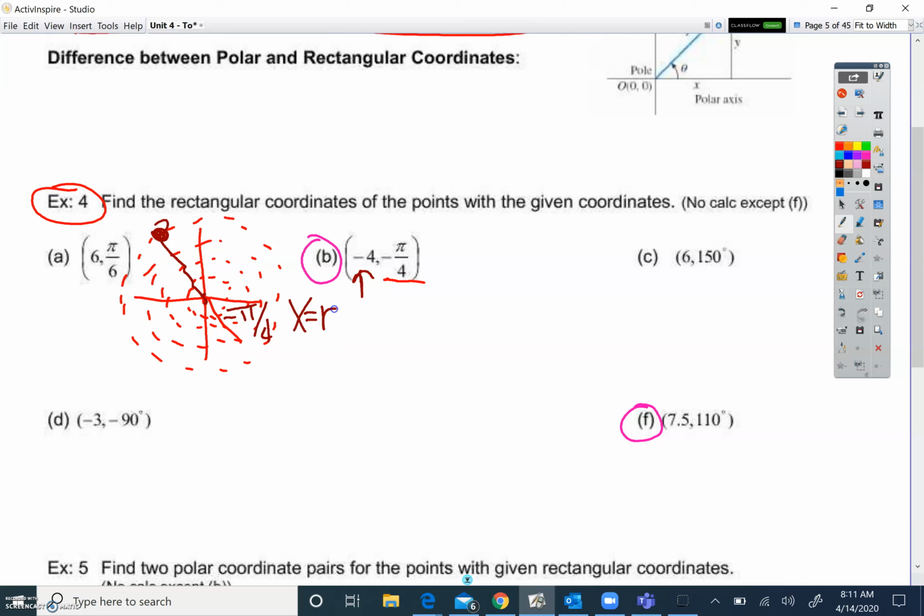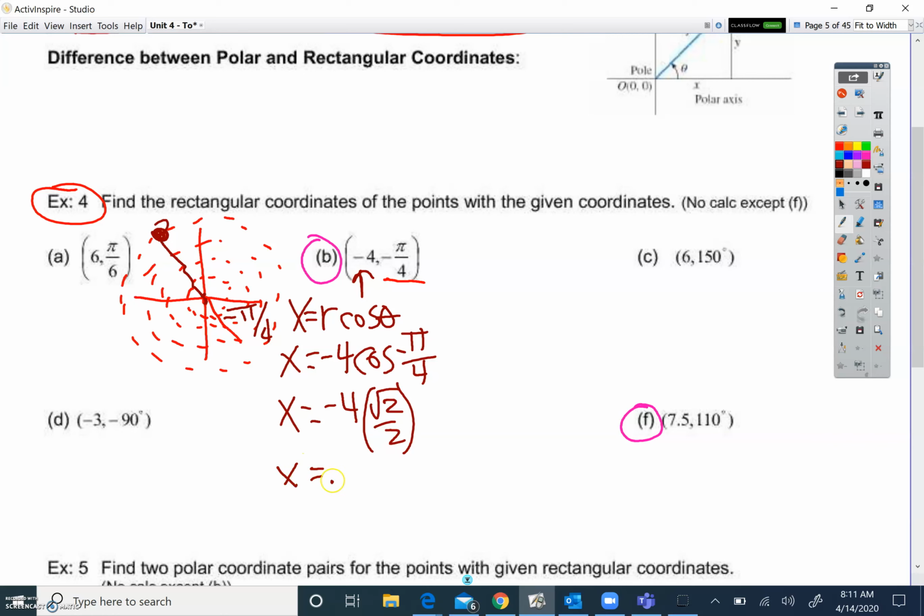X equals r cosine theta. So x equals the -4 from the polar equation, and then cosine of negative pi over 4. X equals -4 cosine of negative pi over 4 from the unit circle tells you that it's going to be multiplied by square root of 2 over 2 and then simplified.